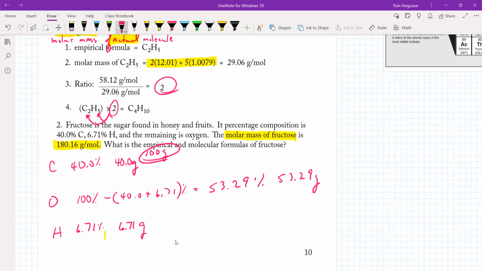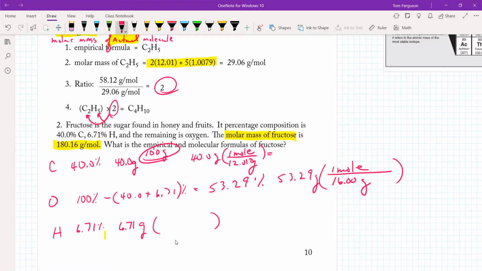All right, so I'm going to have 40 grams times 1 mole, 12.01 grams. 53.29 times 16 grams for the molar mass of oxygen.